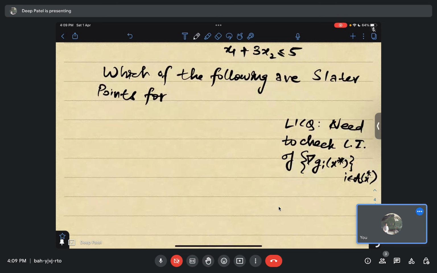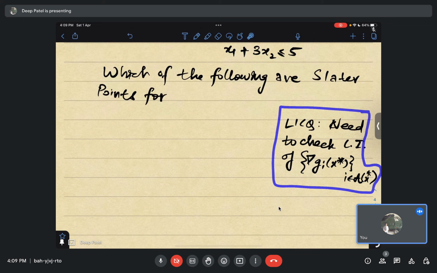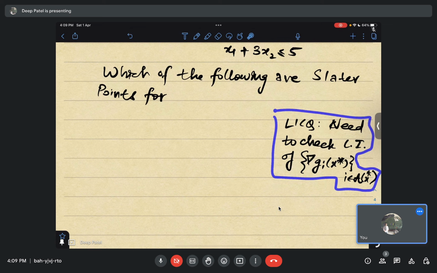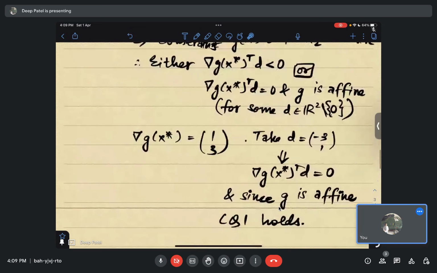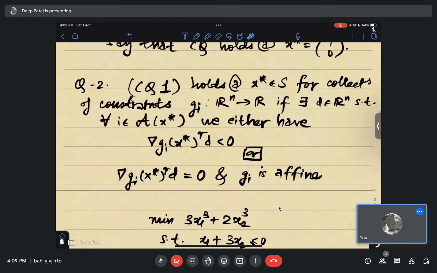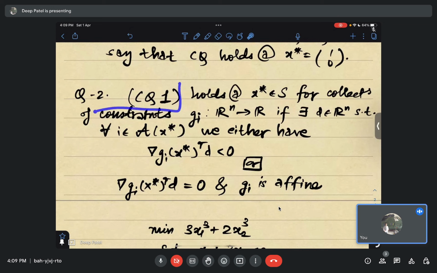So I'm just thinking out loud. Maybe this is not always feasible to do. It's an expensive step. So maybe, again, I'm not able to think of any explicit example, but maybe checking this is perhaps easier.